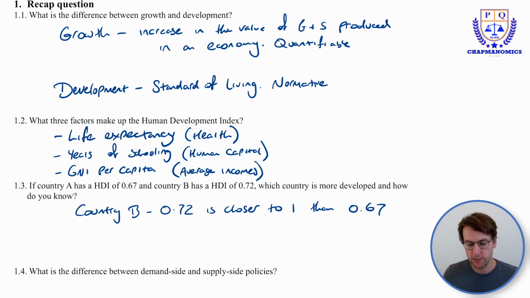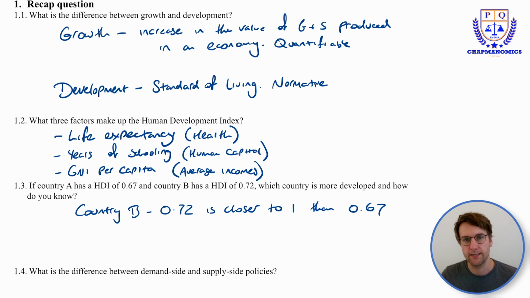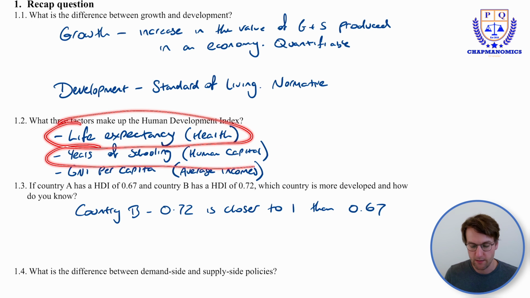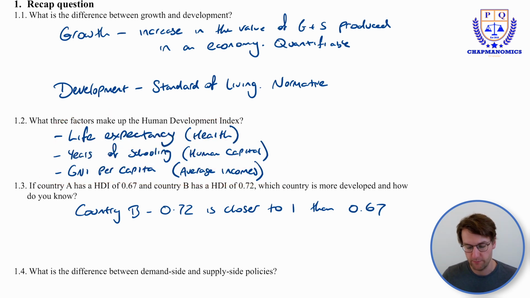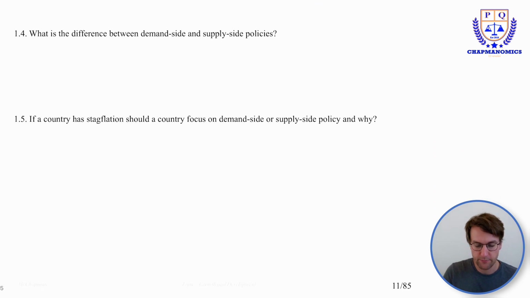So if ever we're going to talk about development, we're always going to focus it on these three factors. We're always going to focus it on increasing HDI. If we do that, we get a lovely way of explaining how exactly a policy or a factor is going to affect development by explaining how it affects one of these three factors here. And we're always going to be focusing on development as a result. Okay, so that's our first recap done.